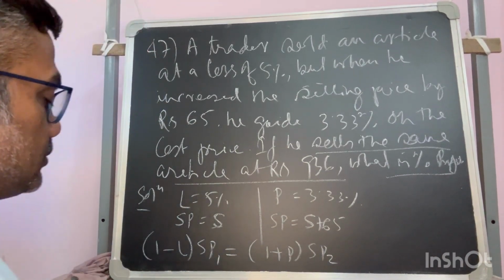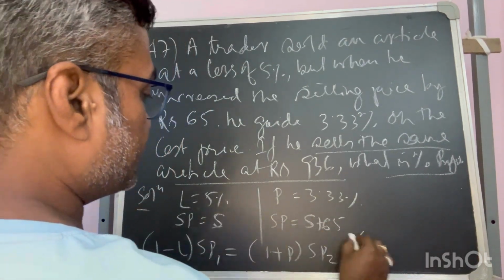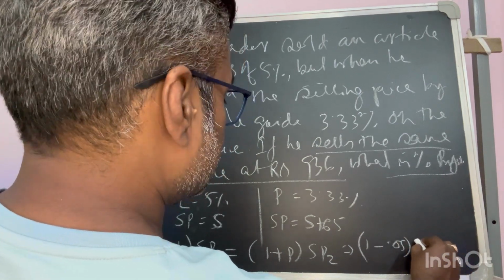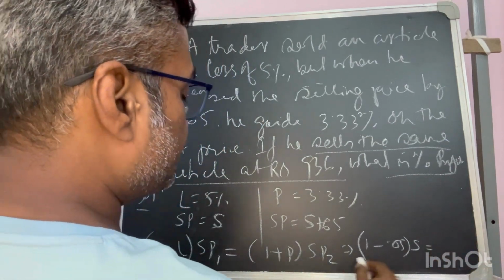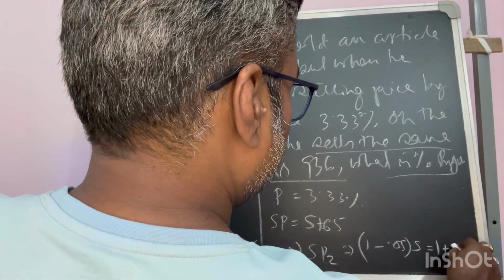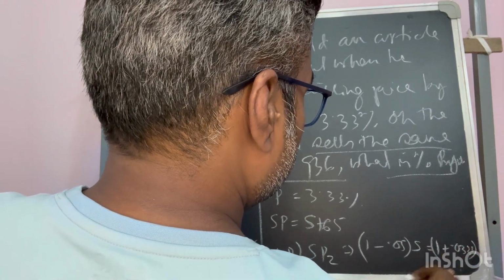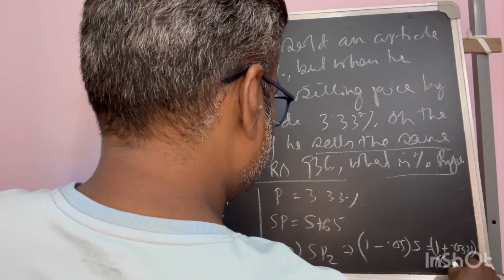Okay, so now if we put in the values, we get 1 minus loss, which means 1 minus 0.05, times the selling price S, equal to 1 plus profit, which means 1 plus 0.0333, times S plus 65.